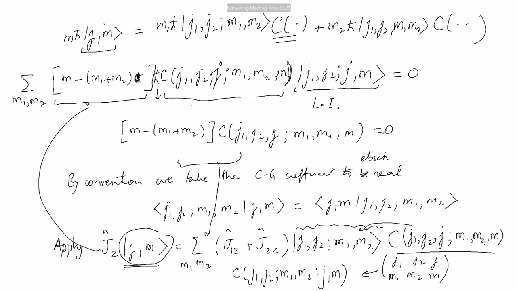This must be equal to 0. This implies that either the Clebsch-Gordan coefficient will be 0 or this quantity will be 0.